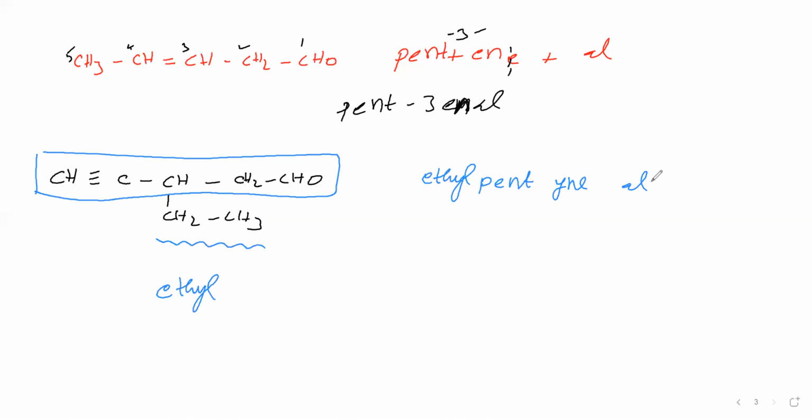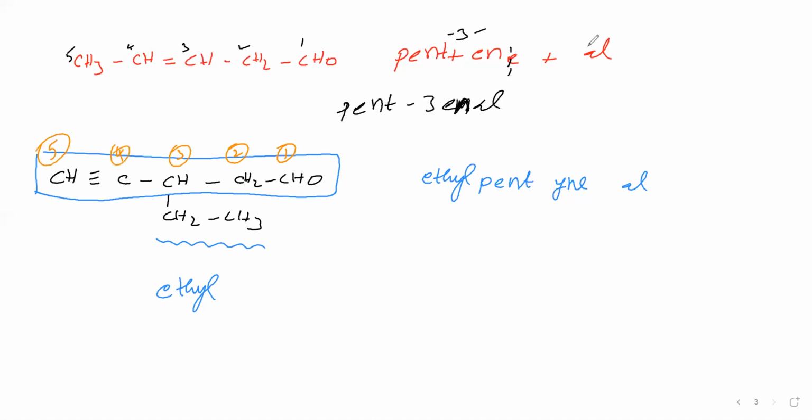Now we have to give the numbering. When we are giving numbering, the main functional group should get the least position. Like that only we have to see first, then only branches and other functional groups. Therefore, we have to give number 1 at the right extreme: 1, 2, 3, 4, 5.